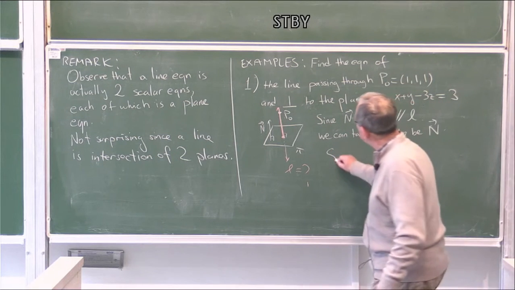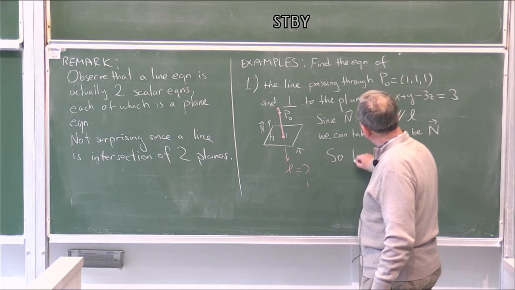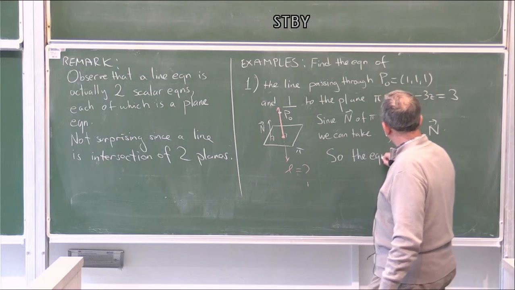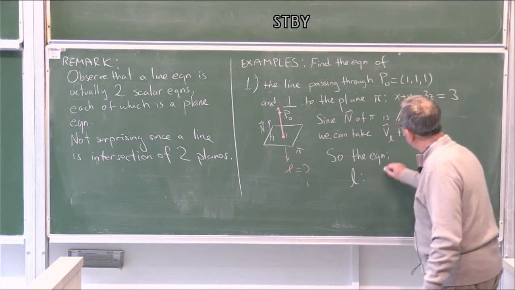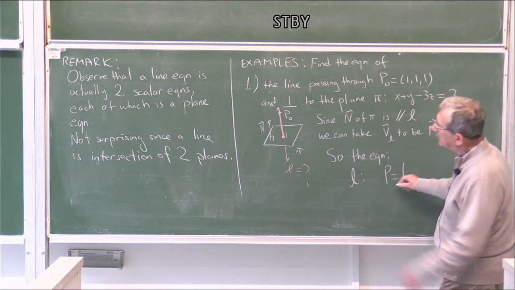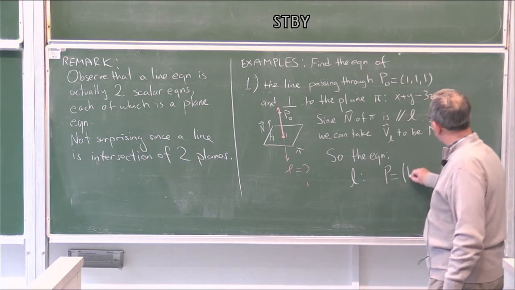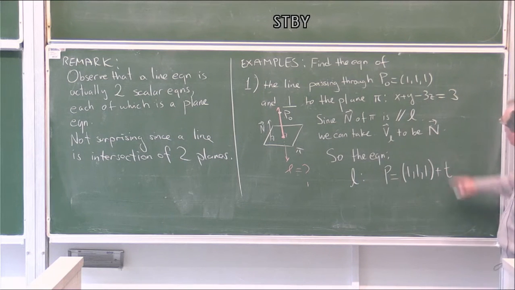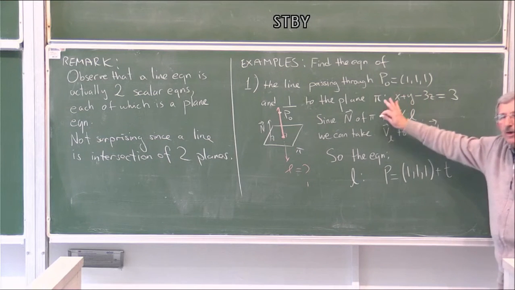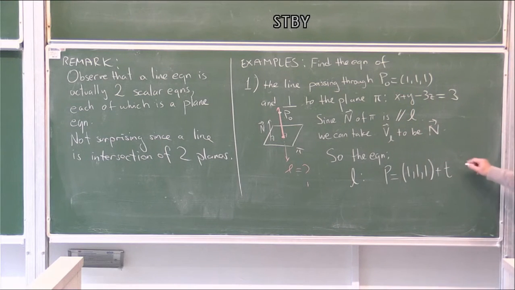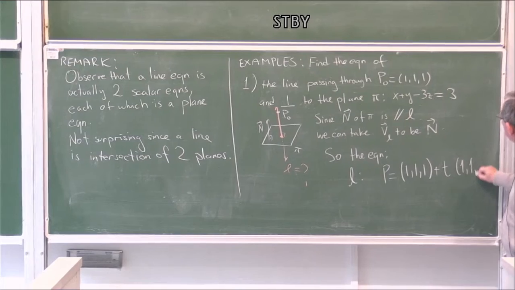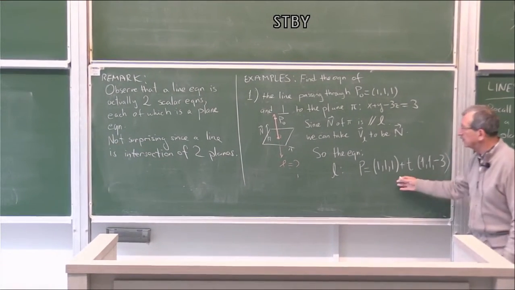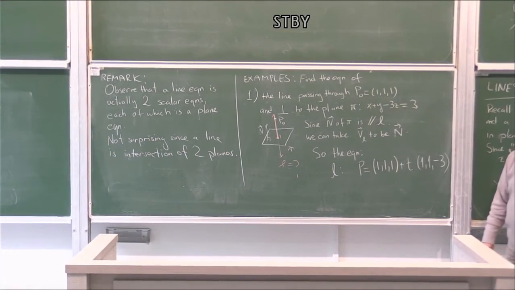So we are finished. So the equation is P is P0, that is 1, 1, 1, plus t times normal. Now what's the normal? Well, everything is on one side, it's in standard form, so it's just 1, 1, minus 3. So this is the equation wanted.